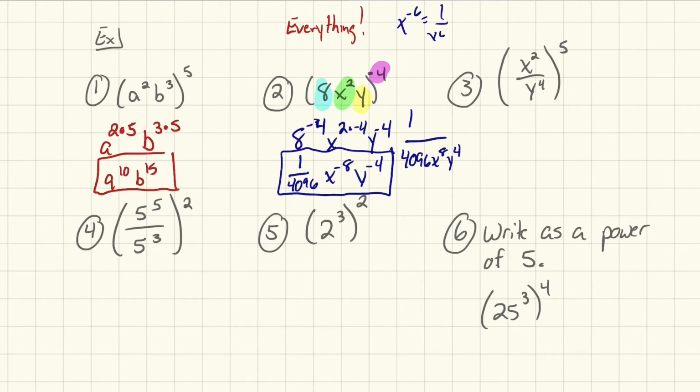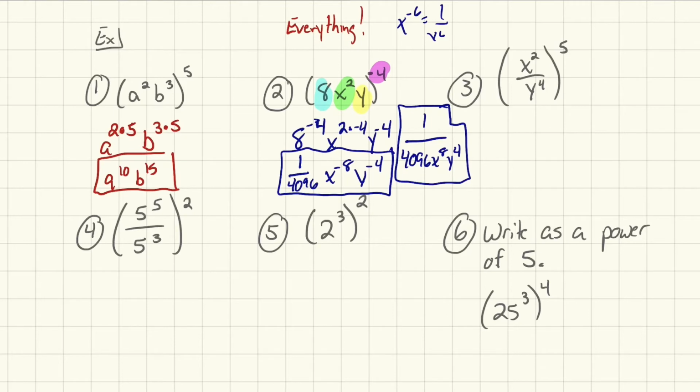And to make things look a little better, I'm just going to put that 1 in the middle. And that's how we get our answer, which in this one simplifies to 1 over 4,096, x to the 8, y to the 4th. A lot of times people would just call that 8, and you can't do that because you got to understand how to handle 8 to the negative 4th power.